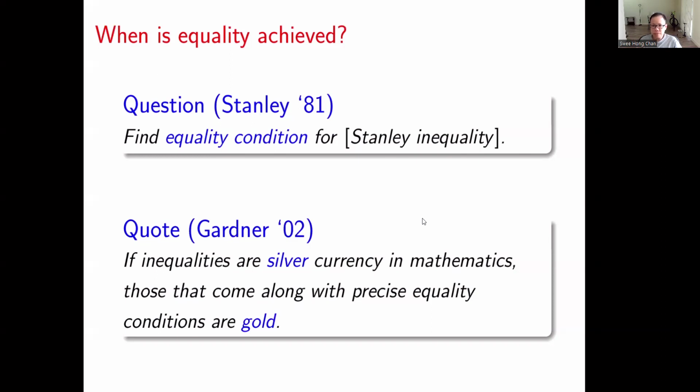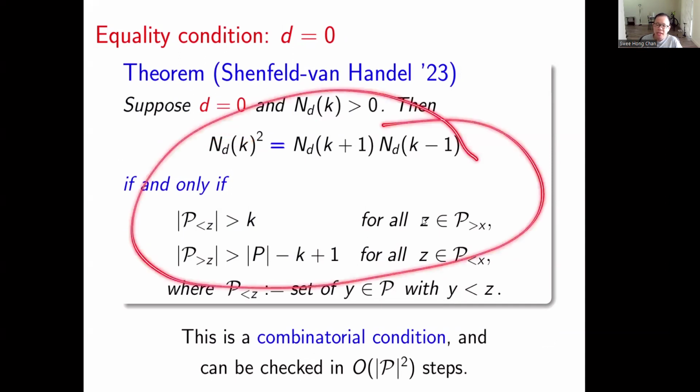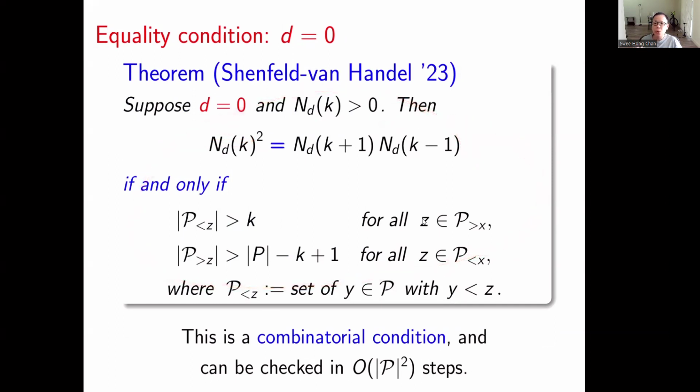Now, somewhat surprisingly, this turns out to be another very difficult problem. And it took 40 years before it was finally solved for the case d equal to 0 by Shenfeld and van Handel, where they found a combinatorial condition that characterizes exactly when equality occurs in Stanley's inequality.